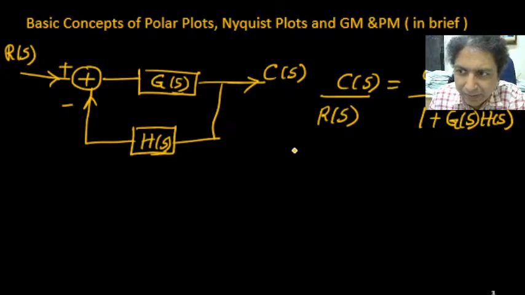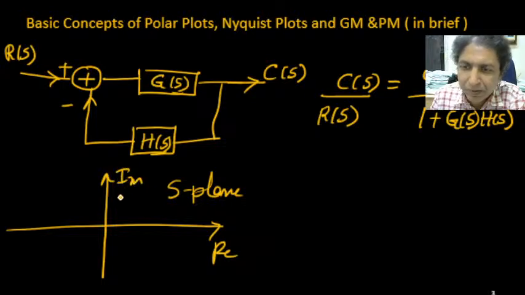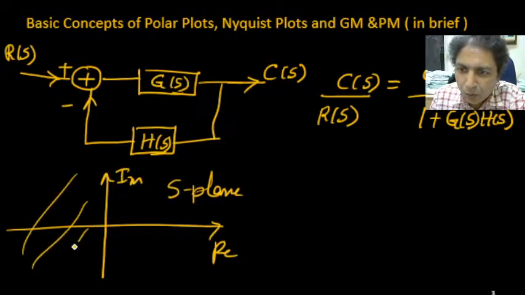And stability depends on the pole position. So if I consider this closed loop transfer function, and this is the right hand side of the S-plane, real part, this is the imaginary part. If all poles lie on the left side, then only it is stable.